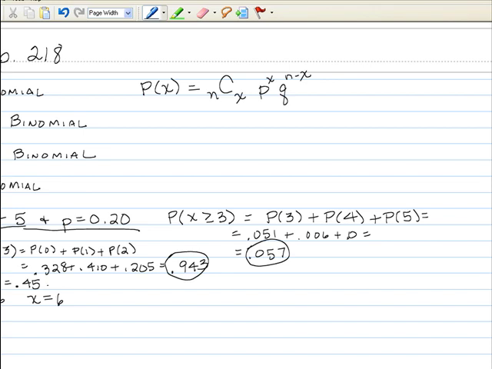So the probability of 6 successes is combinations of 16 taken 6 at a time times 0.45 raised to the 6th times 0.55 raised to the 16 minus 6, which would be 10.